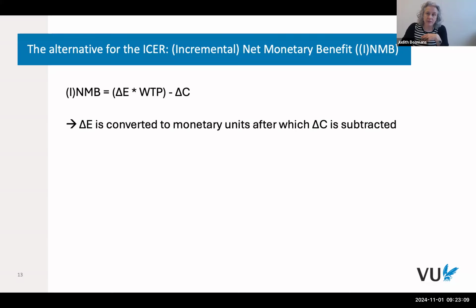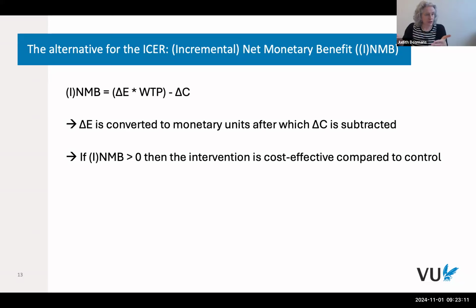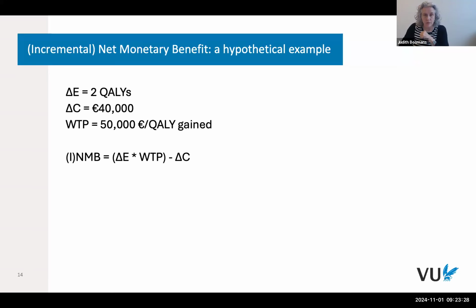So if net monetary benefit is greater than 0, so the value of our health effect in monetary units, whether that's euros or dollars, is larger than the investment that we need to make, then we consider the intervention cost effective compared to control.